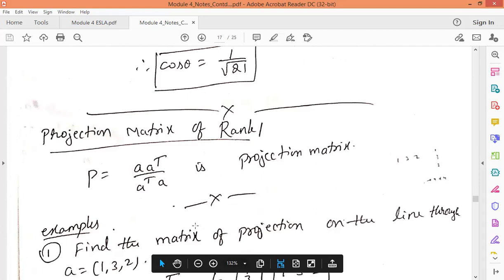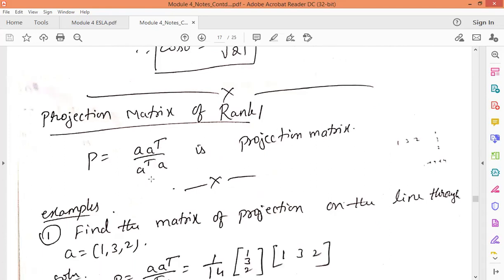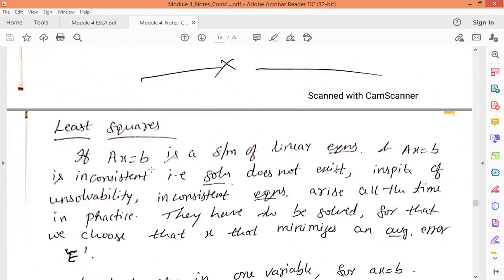And the projection matrix can be defined by A A transpose divided by A transpose A. This also we are going to consider while solving the problem.